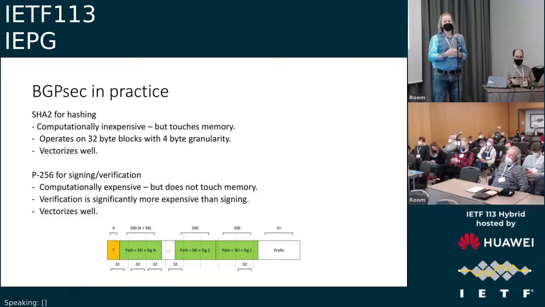So if we look at BGPsec in practice, how does that look from a data structure perspective, and from a wire image perspective? From the algorithms for hash, first, the long message, the AS path with all sorts of cryptographic keys, segments, and other identifiers, is compressed via the SHA-2 hash function into 32 bytes, and then those 32 bytes are used as an input into the signature generation.